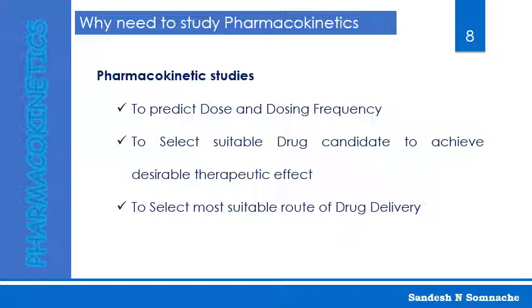Based upon these parameters, the extent to which the drug gets metabolized, how absorption takes place, where the drug gets distributed, and which mechanism is there for excretion, one can select the suitable route of drug delivery. So these are the importance of pharmacokinetic studies.